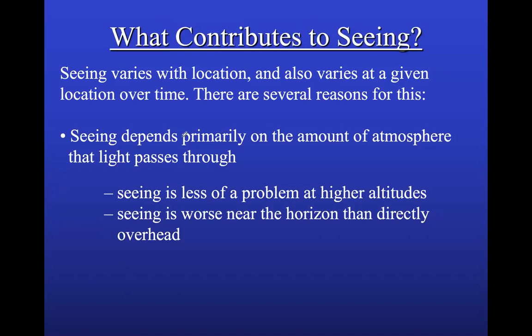Now, what contributes to this atmospheric seeing effect? Seeing actually varies with the location and also varies at a given location over time. That's basically based on the weather conditions, and it's basically the amount of atmosphere that light has to pass through.